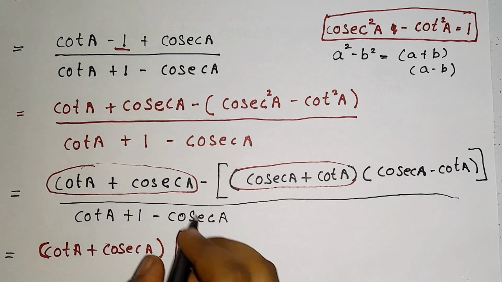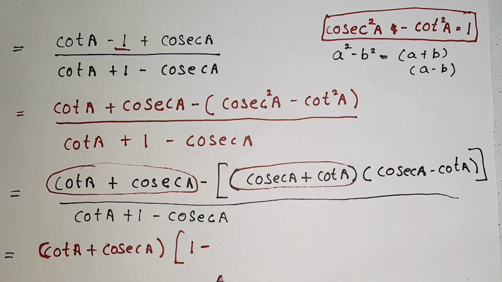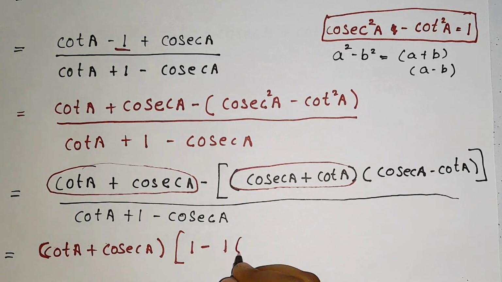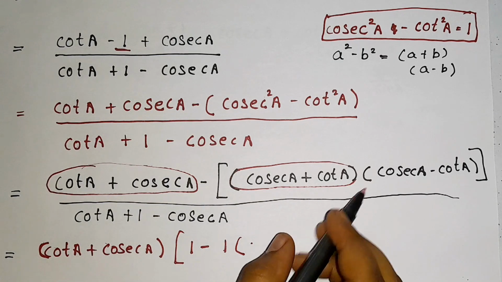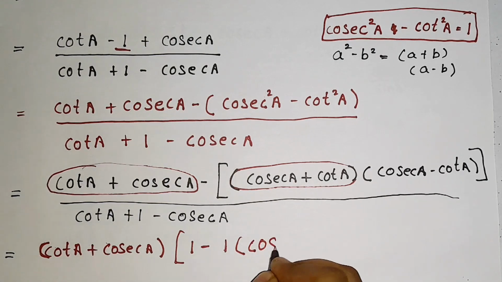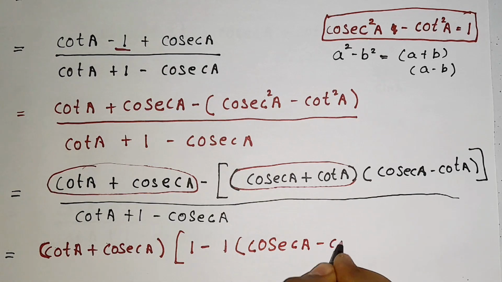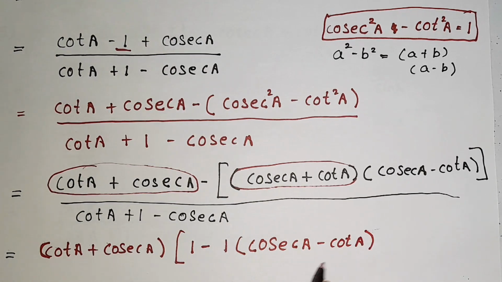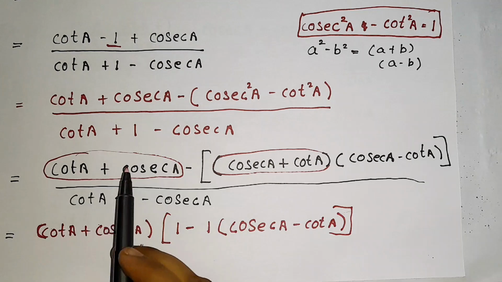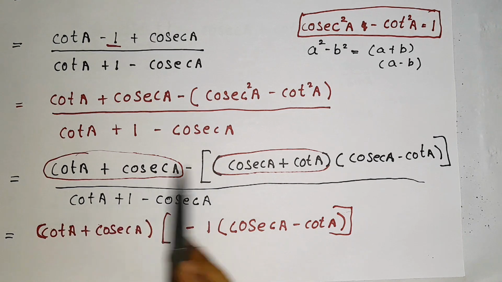Now minus as it is, and then 1. So why did I write 1? Because here we have another cosecant A plus cot A, isn't it? If you want you can write 1, otherwise you no need to write the 1. So 1 into this value as it is, that is cosecant A minus cot A. Remember guys, I just took the cot A plus cosecant A as common, because here we have two values that are similar.